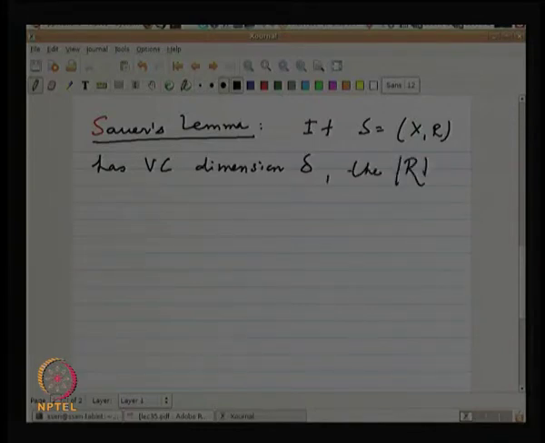Now comes the punchline. We are claiming that if the VC dimension is delta, and we have a finite set of points X of size n, then the maximum number of ranges is n to the power delta.